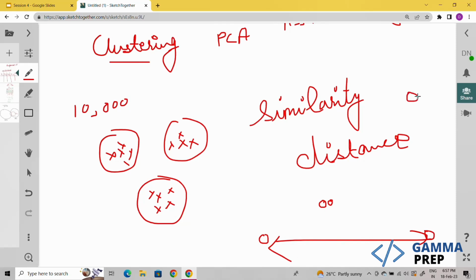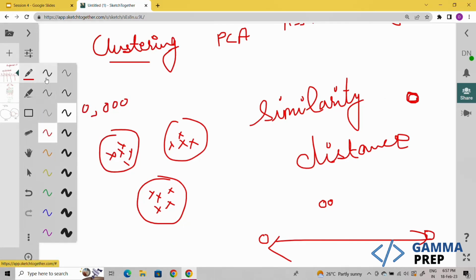If we have 1 point only, then the similarity is going to be the maximum. That is, the point is going to have maximum similarity with itself, right? But the distance there is going to be 0. The distance of the point with itself is 0. So similarity and distance can be called the reverse of each other.